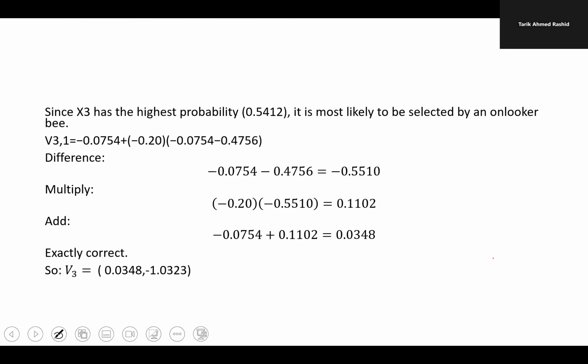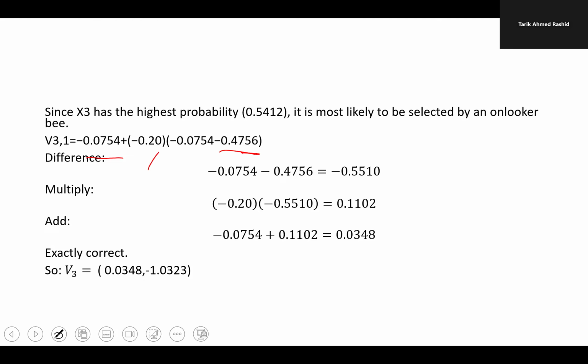Now, thus, we will get the V31. V31 has the highest probability. It's most likely to be selected by the onlookers. So this is the phi, and that's the results of the V31. We update it.